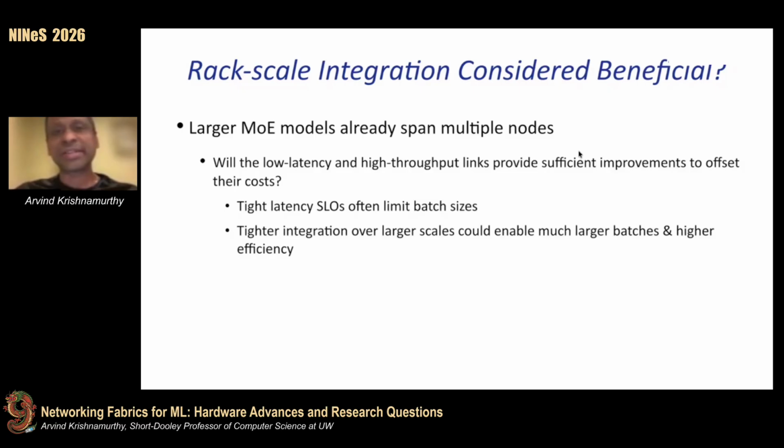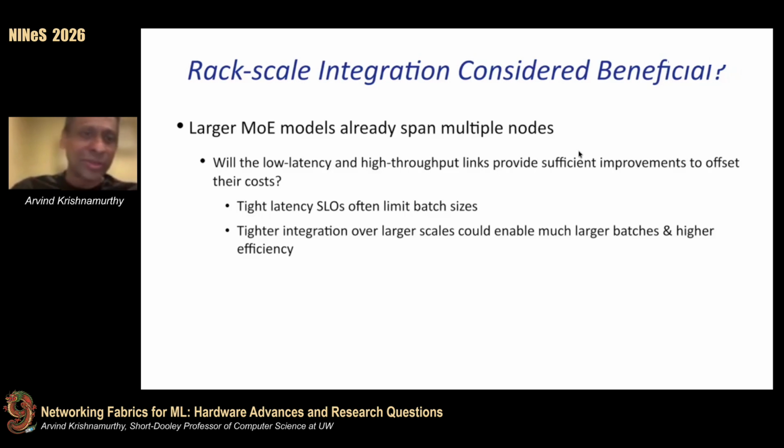So the status quo is that you take multiple nodes which have not so great throughput and not so good latency, and deploy these large MoE models on these setups, and these are feasible right now. And the question is, if you were to replace these not so great interconnects with very tightly coupled interconnects, are we going to get substantial performance benefits out of that?